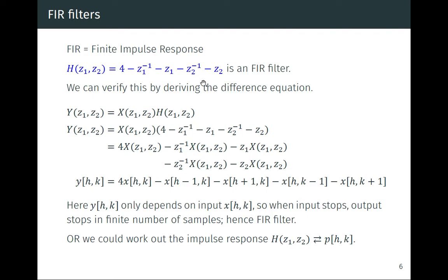We said, this is the definition of my transfer function in the Z domain. And it turns out it's an FIR filter because it's just a polynomial of your Z1 and Z2. And we're looking here at the difference equation.